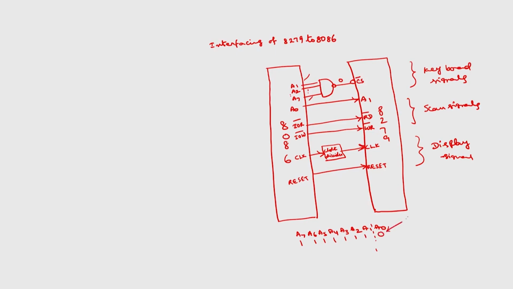A0 is 0 for status and command registers, and this is 1 for data register, similar to 8251. So, this address will be FFH, this address will be FEH. So, this is how we can generate these addresses corresponding to data registers and status or command registers.